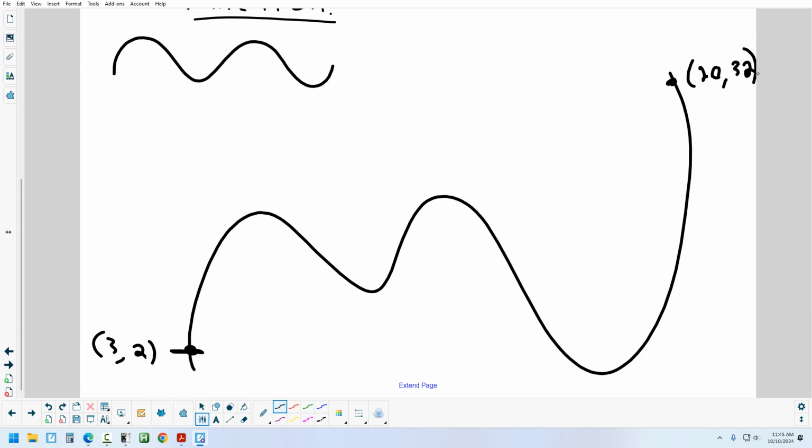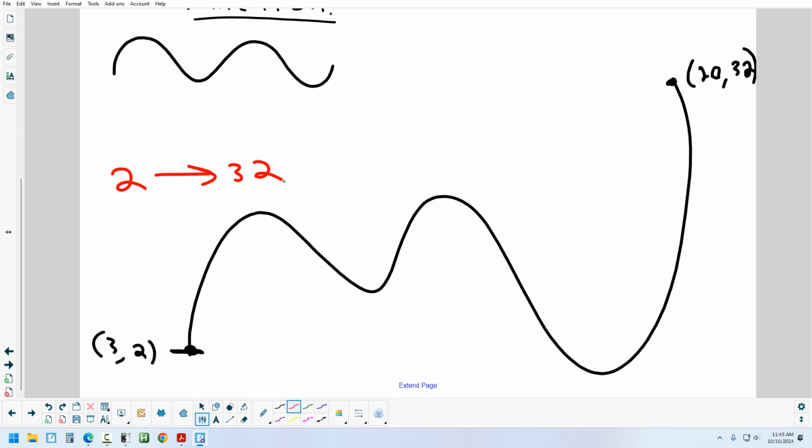Way up there. What y value am I starting at in that picture? Yeah, 2. I'm starting at a y value of 2. And what y value am I stopping at? 32. So I'm going from 2 all the way to 32.